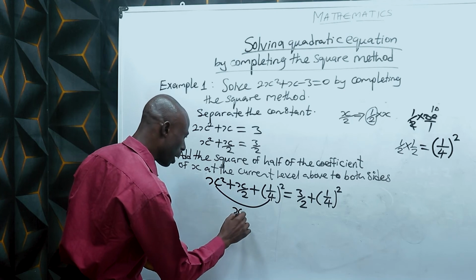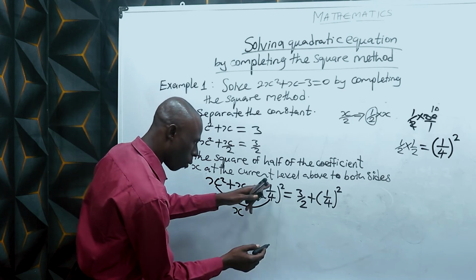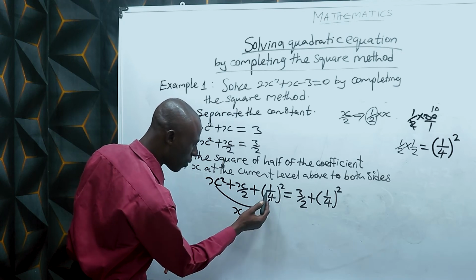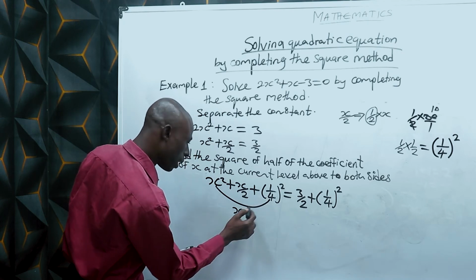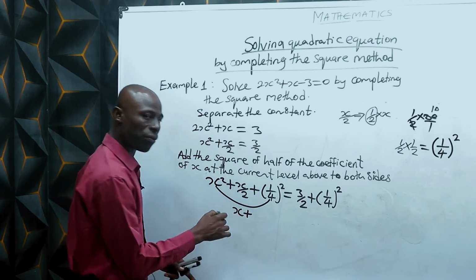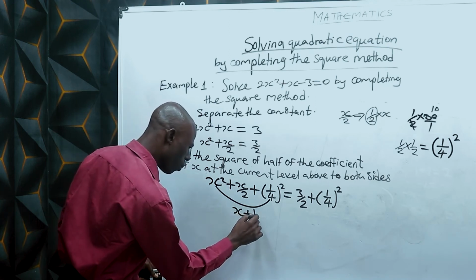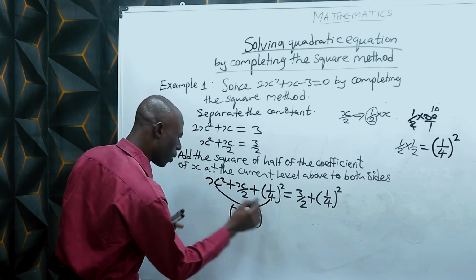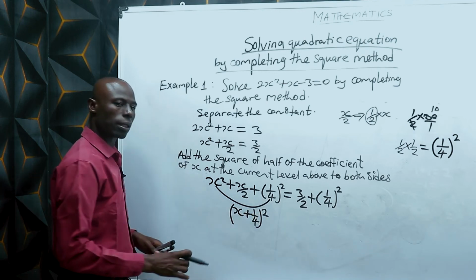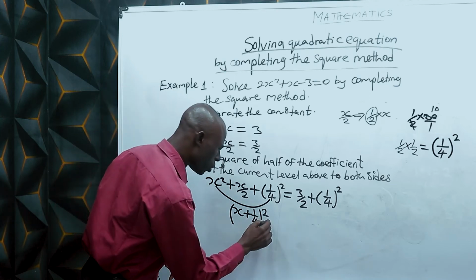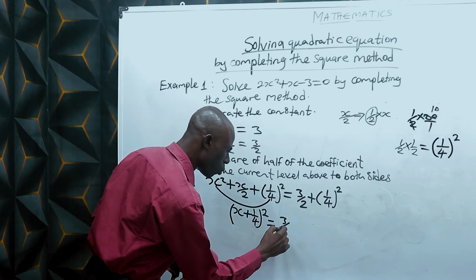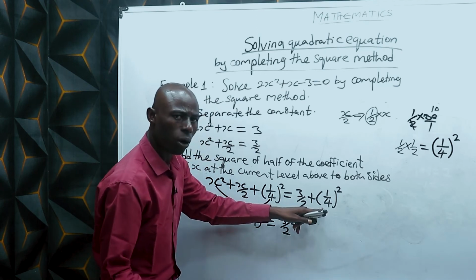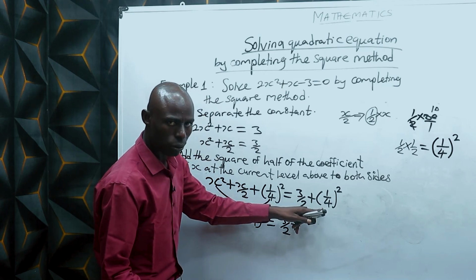So you bring them together, x, and whatever sign of the 1 over 4, if it is minus, you put the minus in place. If it is plus, as it is, an invisible plus there, you put that invisible plus now visibly here. Plus 1 over 4, bracket it, with the common power 2, which is equal to 3 over 2 plus, now evaluate 1 over 4 raised to power 2.